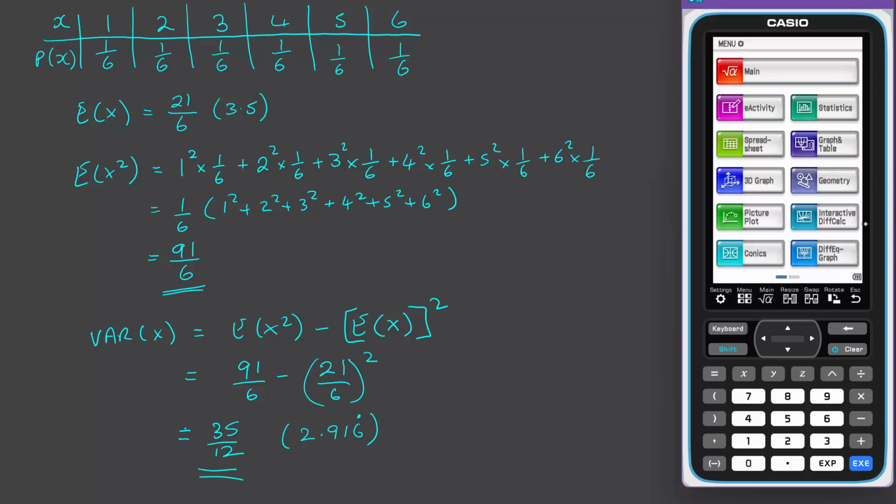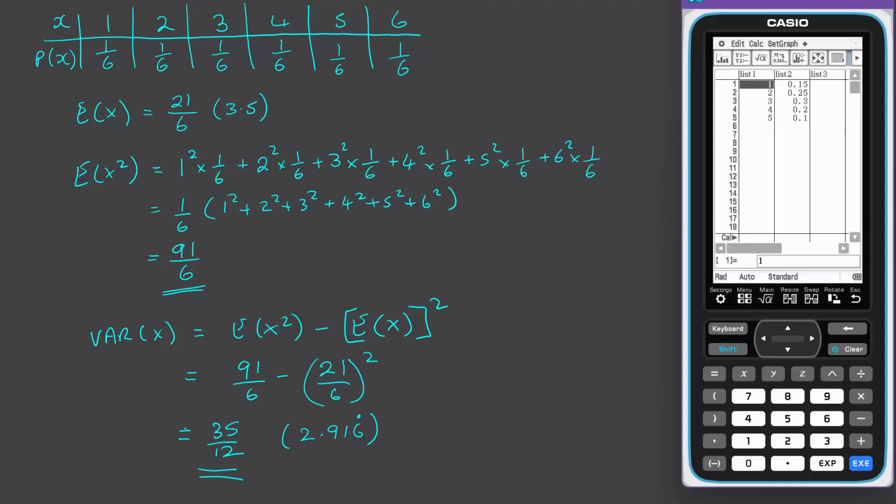Now, if we go to statistics, we can do this as well. And whether you do this out long or whether you go to the statistics package is really determined by the number of marks available for the question. If it's only a couple of marks, I wouldn't be doing all of the work that I've done so far.